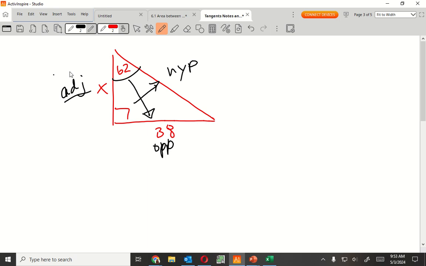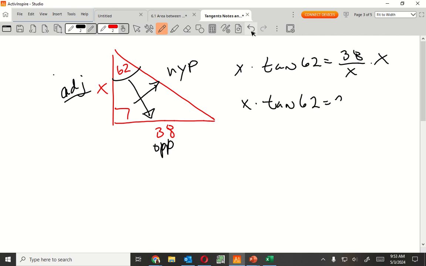So, tangent 38, no, I'm sorry, 62 is 38 over x, multiplied by x again. So, divide by tan.